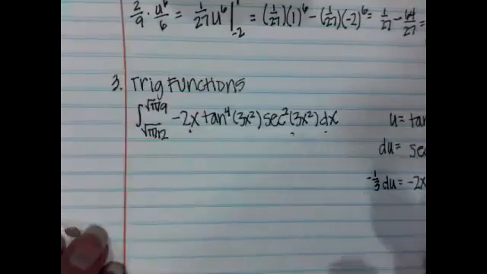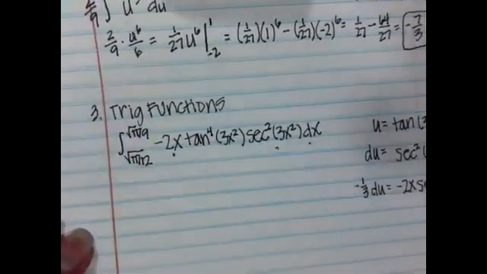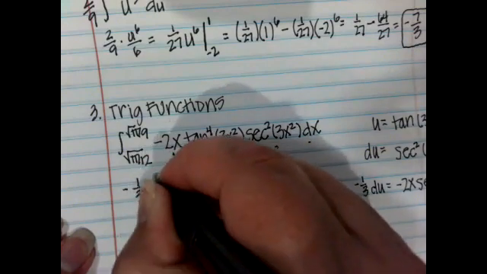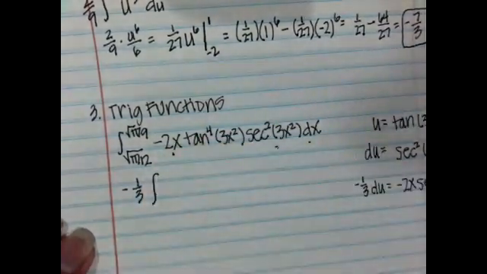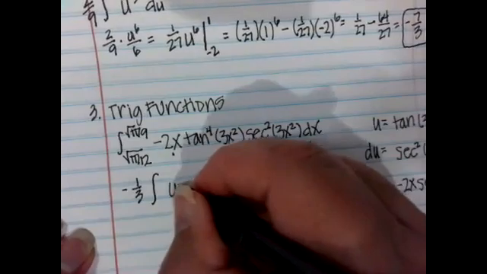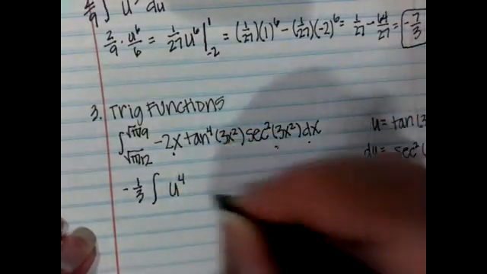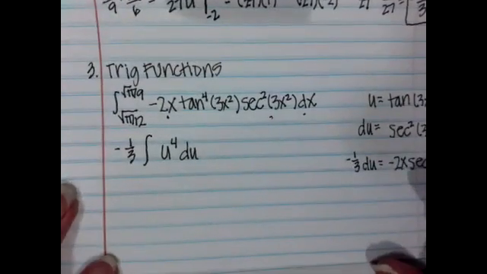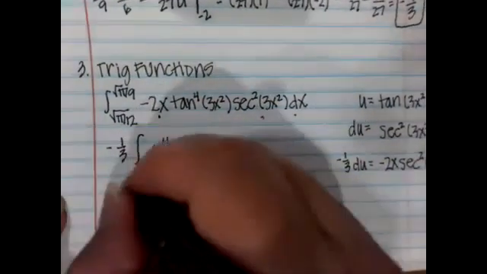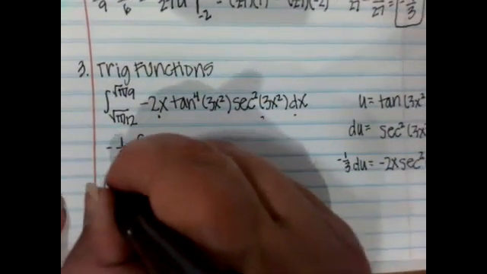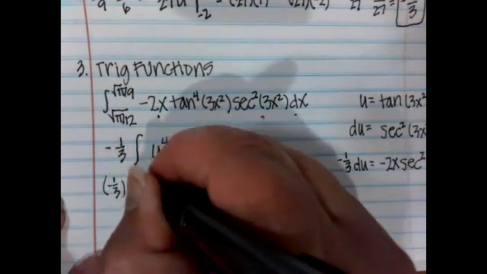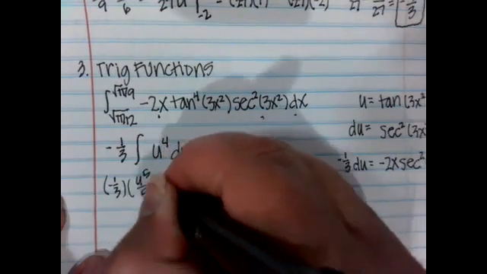Okay, so we're going to rewrite this with a negative 1/3 and then the integral of u to the 4th du. Much simpler.